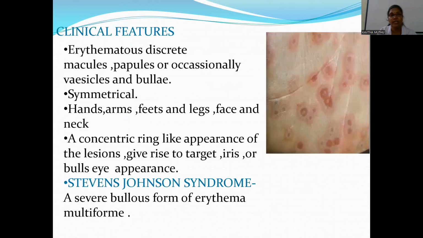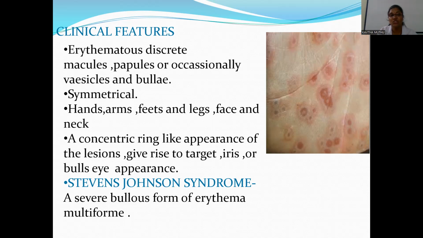Clinical features: erythematous discrete macules, papules, or occasionally vesicles and bullae are seen. It is symmetrical in nature, and the commonest areas are hands, arms, feet, legs, face, and neck. The concentric ring-like appearance of the lesions gives rise to a target, iris, or bull's eye appearance.